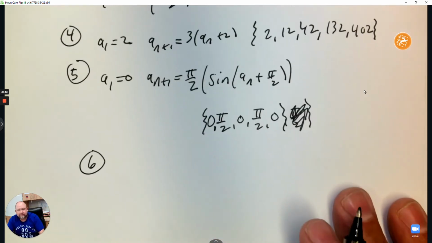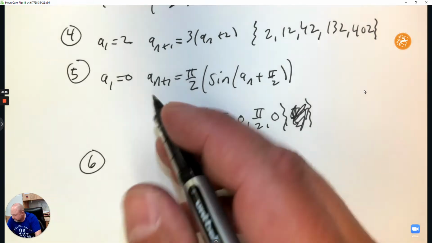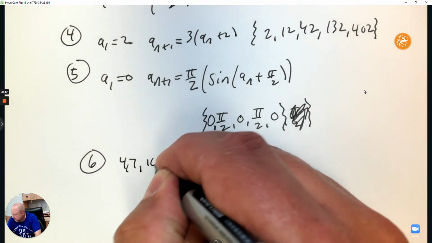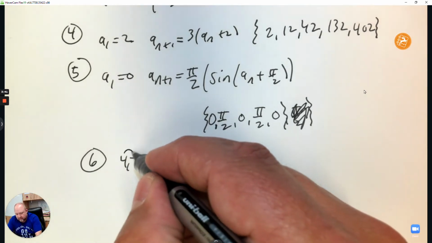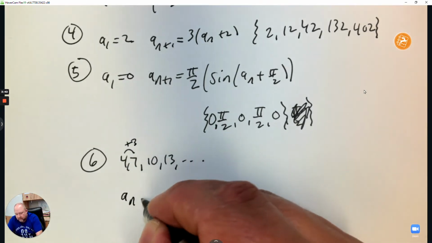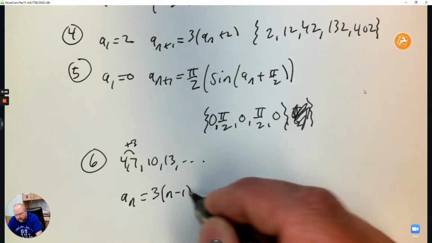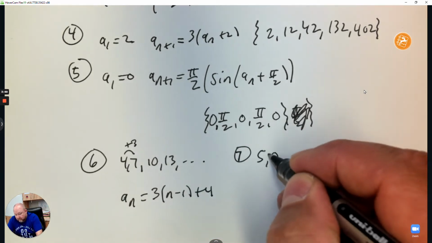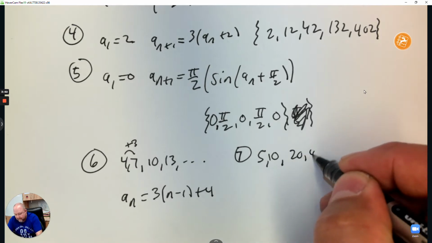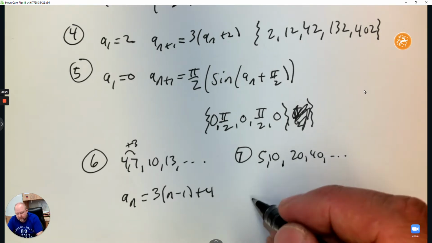Number 6. This is called an arithmetic series. It's increasing by 3, so the formula would be 3n minus 1 plus the first term. Number 7, this is called geometric. You're multiplying by 2.